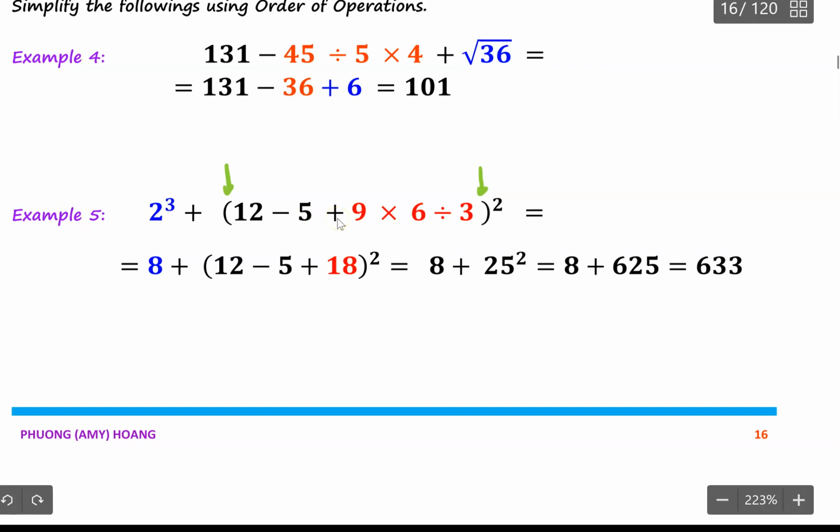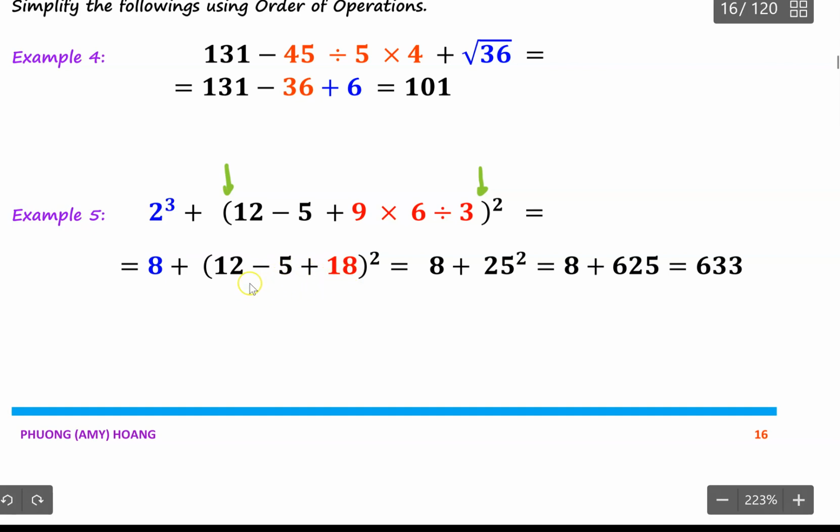I highlight this in red, so I have to perform the operation of multiplication and division first in this case. I take 9 times 6 divided by 3, and I should get 18. So now inside the brackets, I am left with just 12, subtract 5 plus 18.